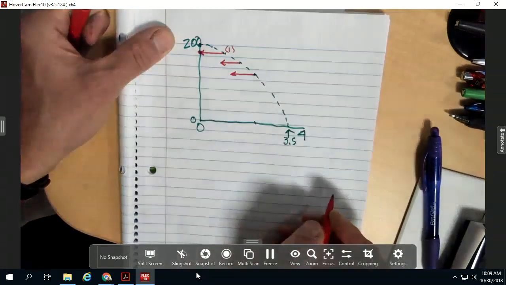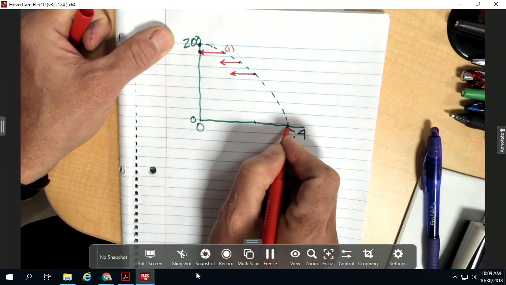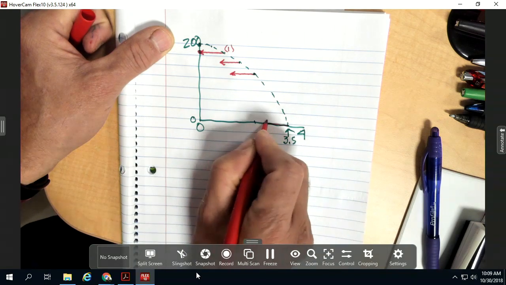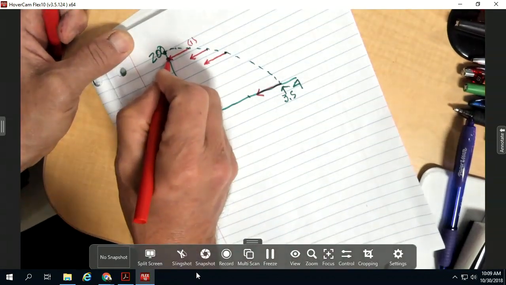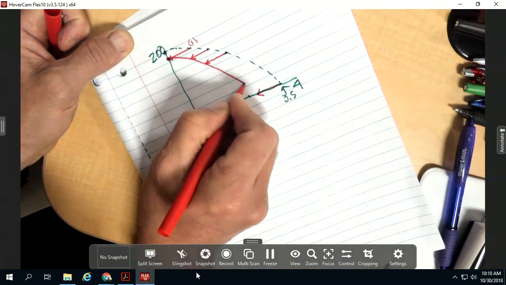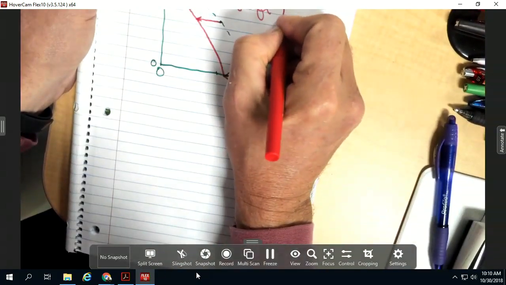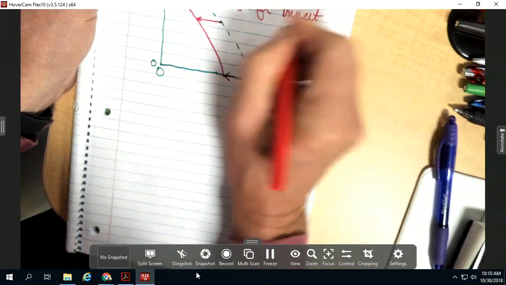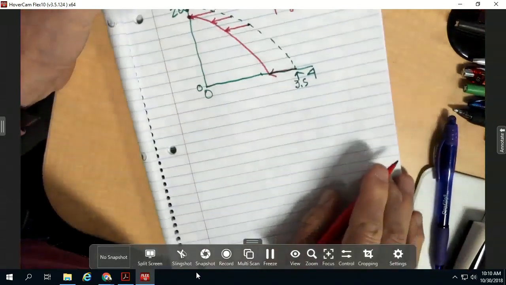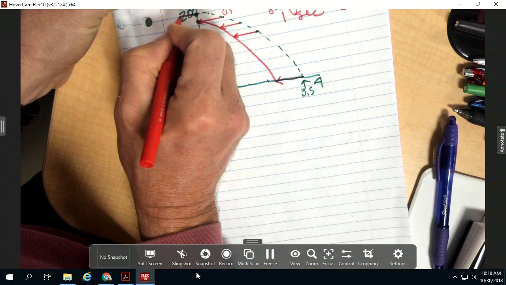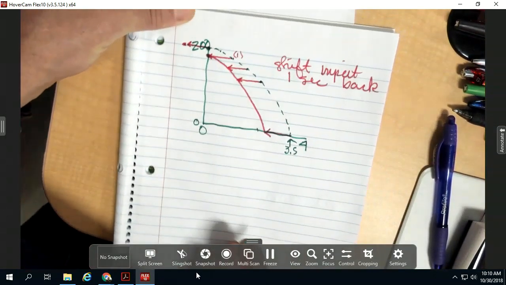Here, it's going to be shifted 1 second. And here, it's going to be shifted 1 second. Correct? Everybody agree? So the graph is going to go like this. Shift input 1 second back. So if we were going to really do this upright, when would the ball have been at 200 feet?